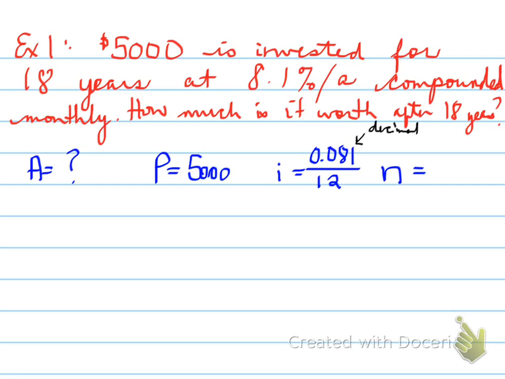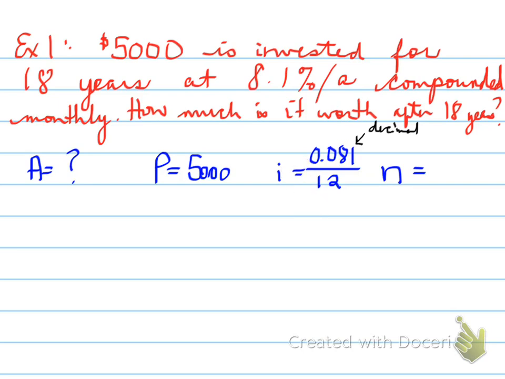Now, really important to note for i that you look at the following. i represents the interest rate, so remember, you need to convert that automatically to a decimal. So move the decimal 2 places to the left, so 0.081, and that is divided by the word.